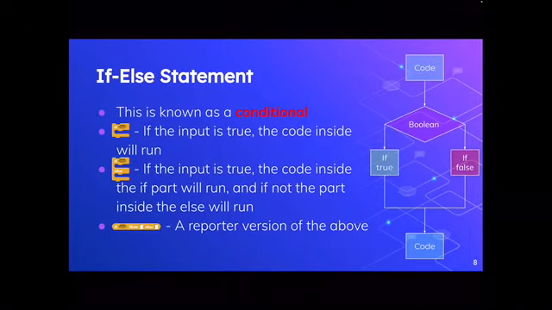But regardless of what the outcome is, after that, the following sequence of code will run. So that's just how we represent an if-else statement with a flowchart. And those shapes are what you would use. For example, a diamond is what you use for a boolean or a conditional. And these squares, or rectangles, are for segments of code.